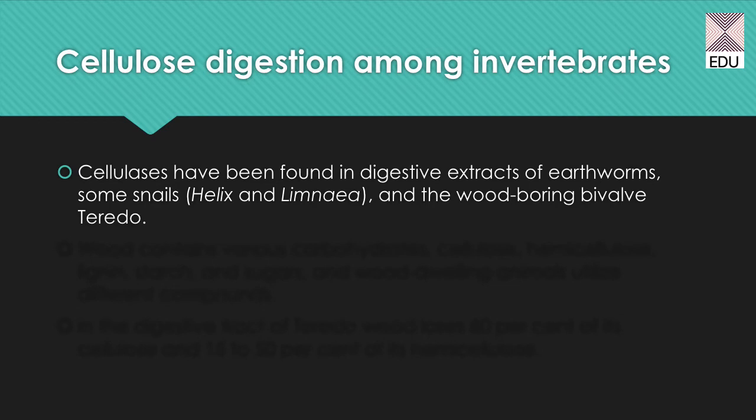Here we have quoted two examples, one is Helix and the second is Limnaea. Both are snails, both are mollusks, and earthworms are annelids. You must have heard of Limnaea in the case of Fasciola hepatica. It is a secondary host for Fasciola hepatica.